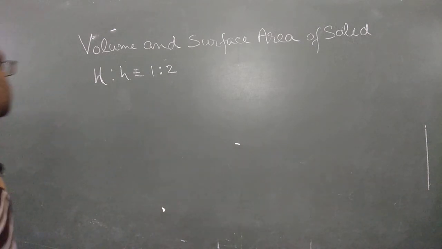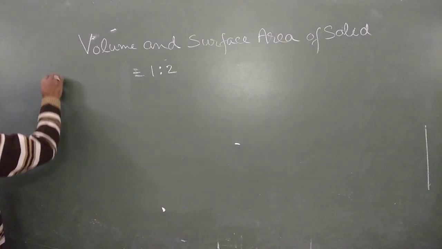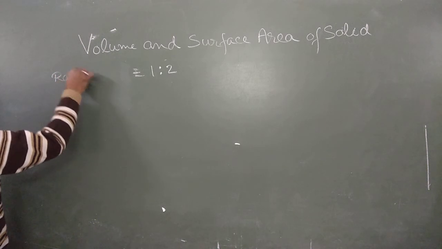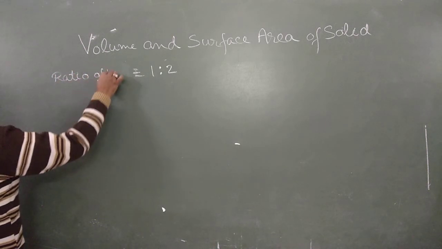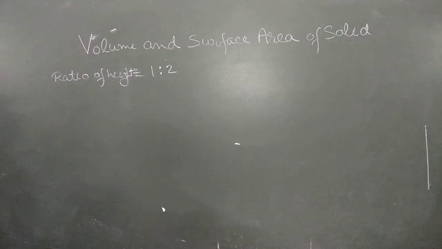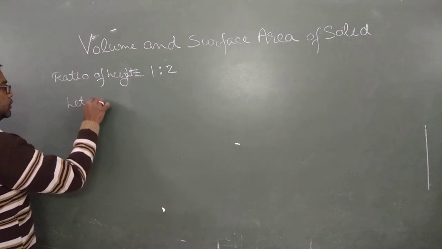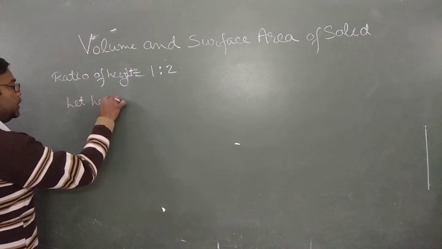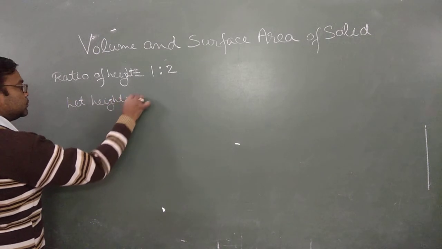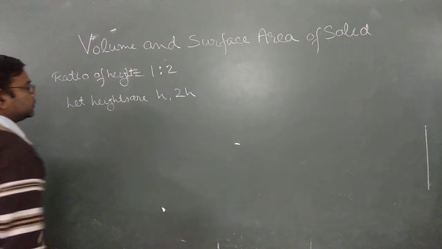We can use this as a statement. Ratio 1 to 2. So let the heights be h and 2h.